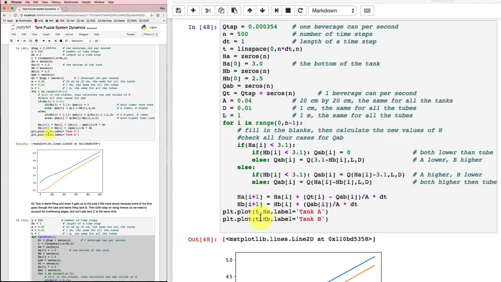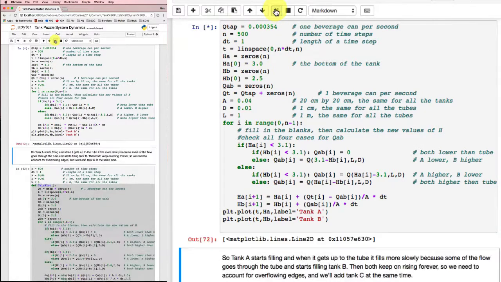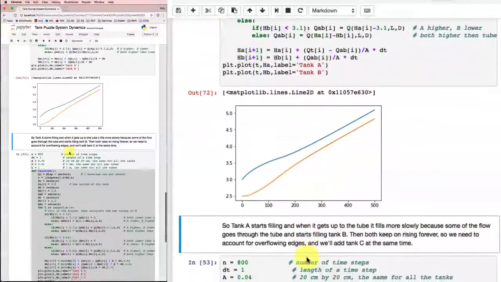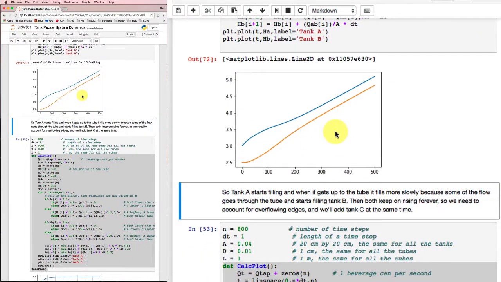We can plot those values then and see what's going on. So let's run this one. And here I see the plot of the values. Let's try to interpret what's going on here. Tank A, the height starts rising, and then it's not rising as quickly. That's because when it gets to 3.1 here, water starts pouring into tank B, and tank B starts rising. And there's a transient in here, but eventually they catch up.